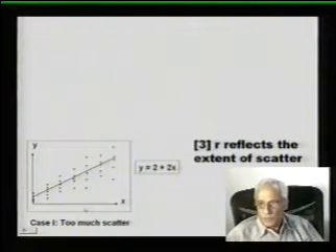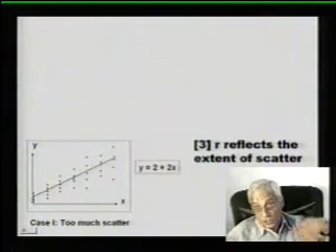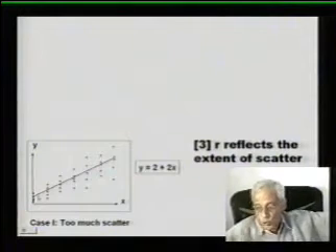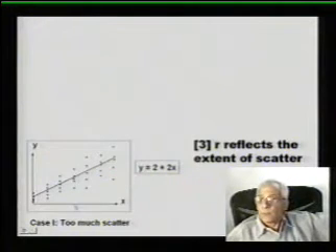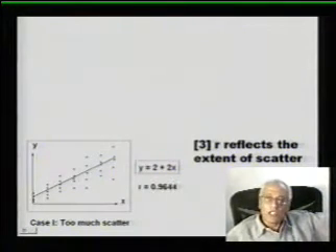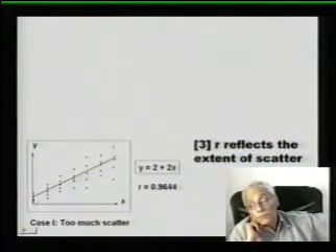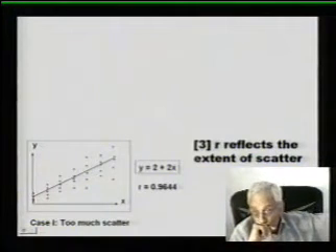Here is a relationship of y, after we did the regression analysis, and we'll show that later to you, where y equal 2 plus 2x, but it exhibits a high scatter. The R value here is 0.9644. Okay?